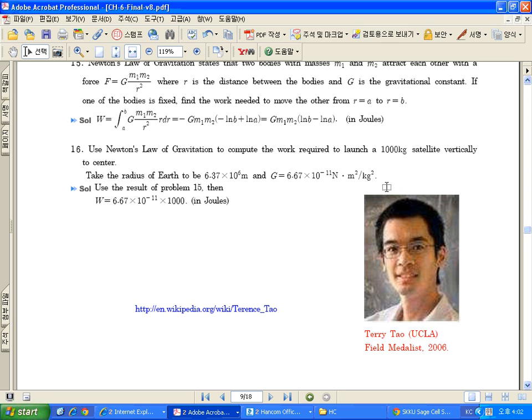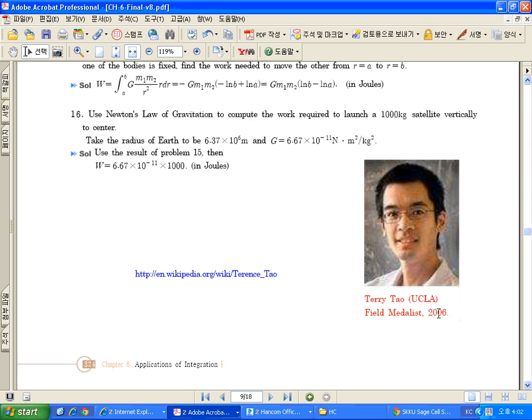Okay. And here there's also another Fields medalist who won the Fields Medal in 2006, about 8 years ago. He was also Asian Australian, and now Asian American at UCLA.